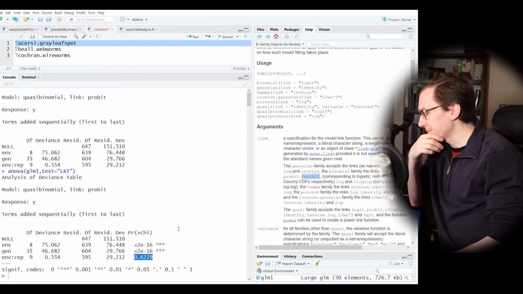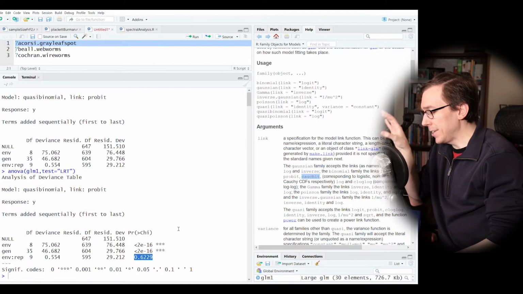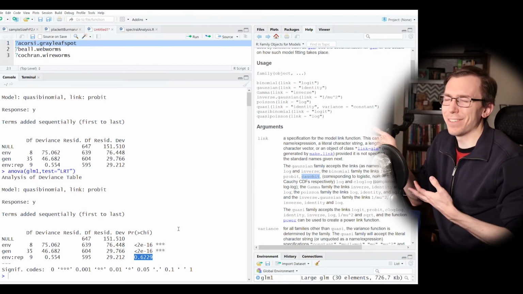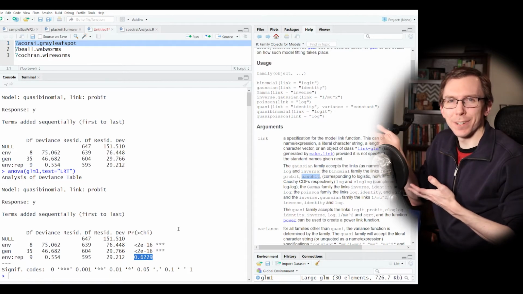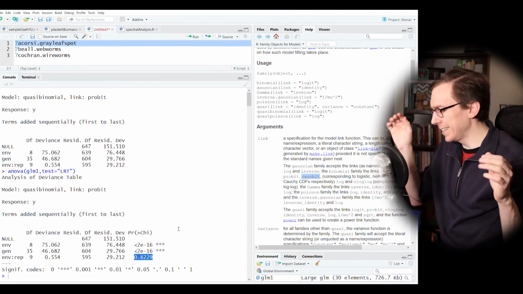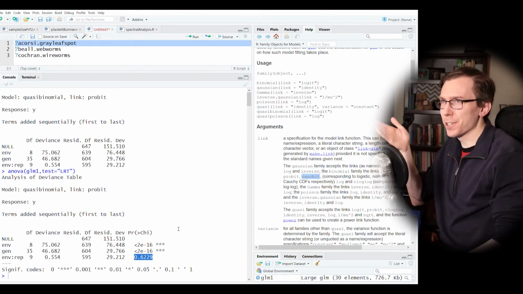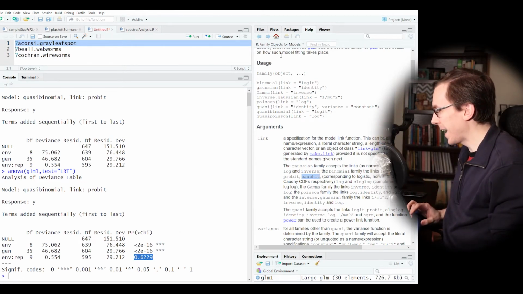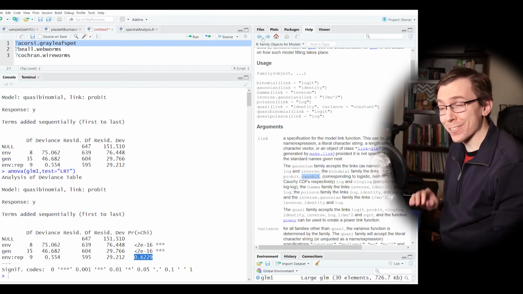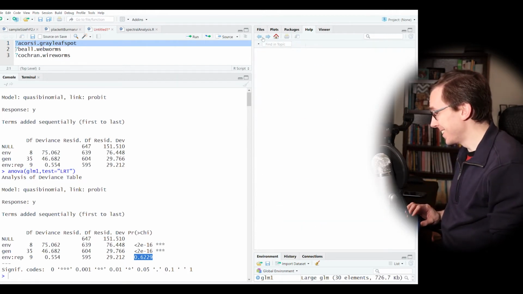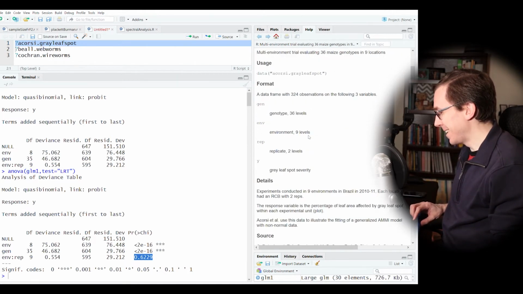So yeah, in that case, I just wanted to point out that you can do these different things, but at least in this case, and very often, I don't see a huge difference. So maybe somebody out there has seen differences when they use different link functions like logit versus probit. Personally, I never have, though I would be really interested if somebody has a good toy data set where you can do that.